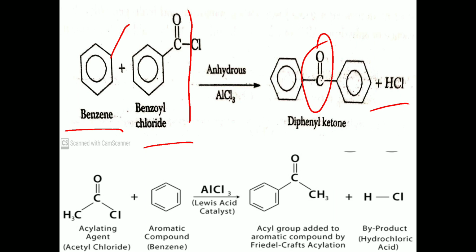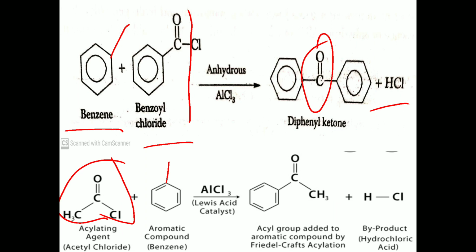The reaction is represented as follows: when the acylating group, that is acetyl chloride, CH3 C double bond O Cl, undergoes the reaction with benzene, the aromatic compound, or also a substituted benzene ring like toluene with CH3 or nitro groups, we use the Lewis acid catalyst AlCl3, and we get the product as an acyl group attached to the aromatic compound by the Friedel-Crafts acylation reaction.